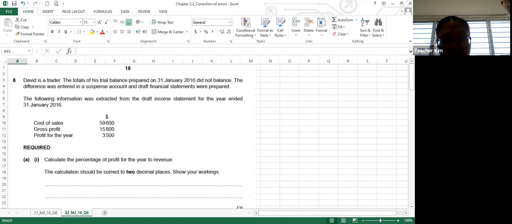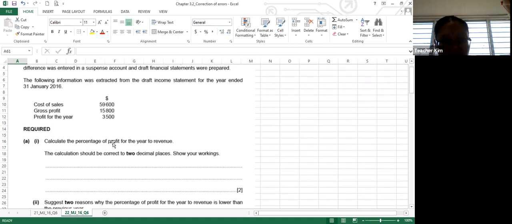The difference was entered into the suspense account. Draft financial statements were prepared. The following information was extracted from this account: cost of sales, gross profit is 15,800, profit 3,500. Calculate the percentage of profit for the year to revenue.